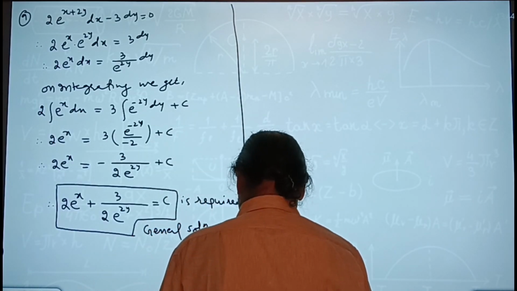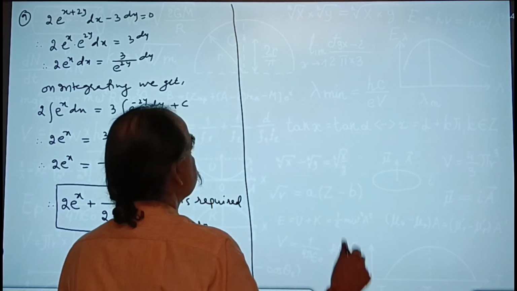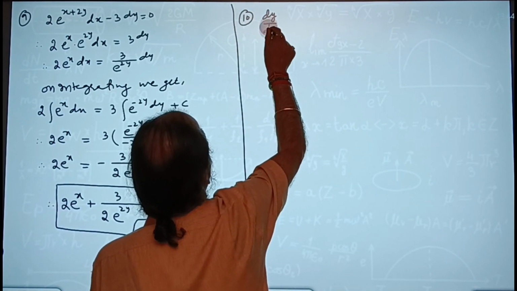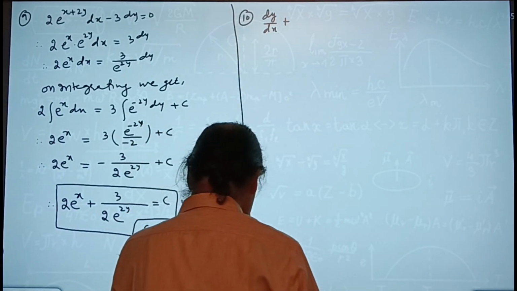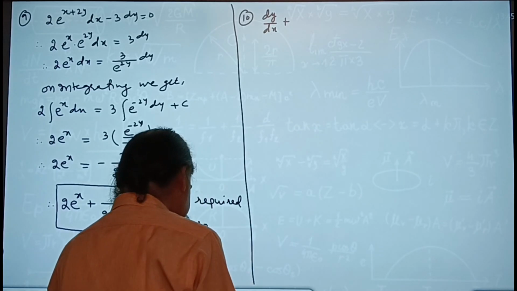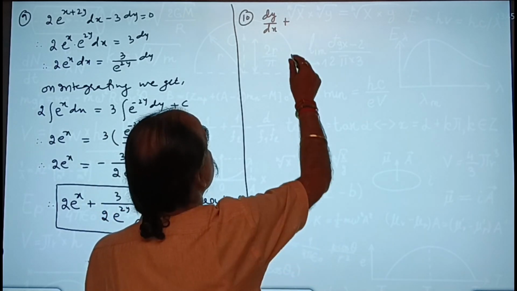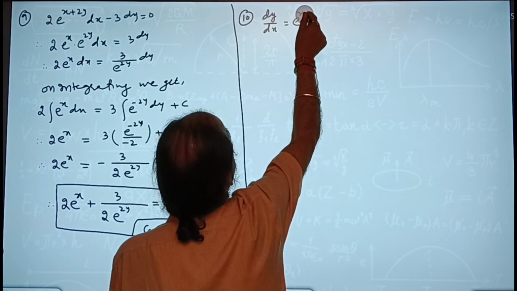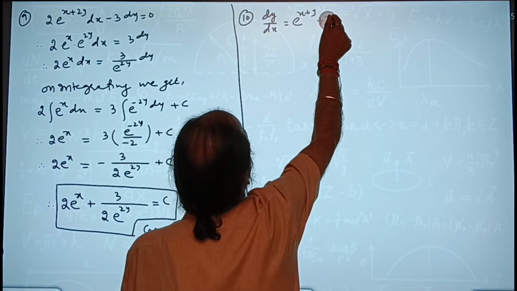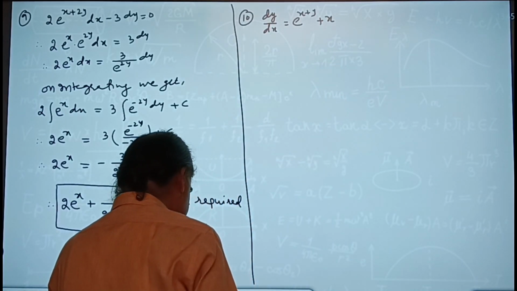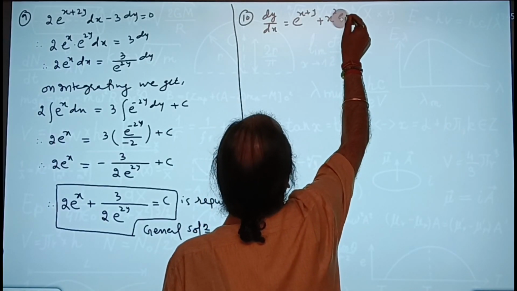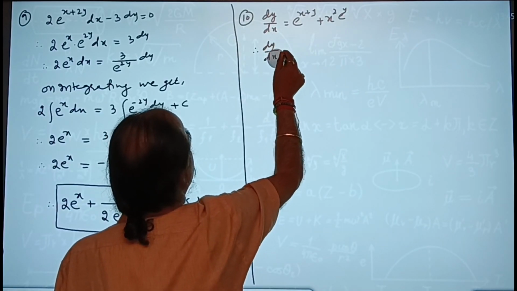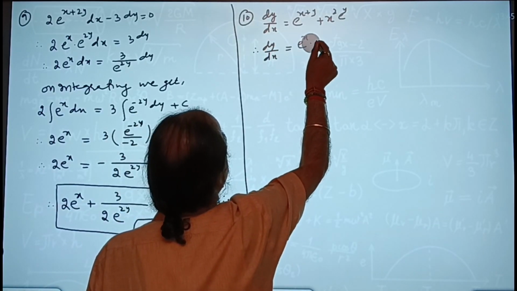10th is dy by dx is equal to e raised to x plus y plus x square e raised to y, that is e raised to x into e raised to y plus x square e raised to y.